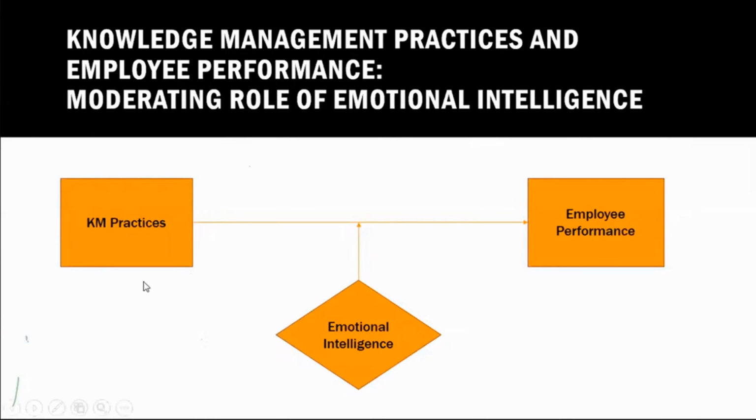But this relationship, that diagram that you have developed, it has not come out of your own intuition and your own ideas and in your own thoughts. This is based on the literature review. Literature is supporting that knowledge management practices affect employee performance. That is why we call these procedures as quantitative research methods.